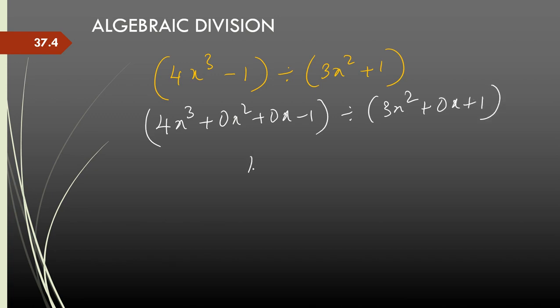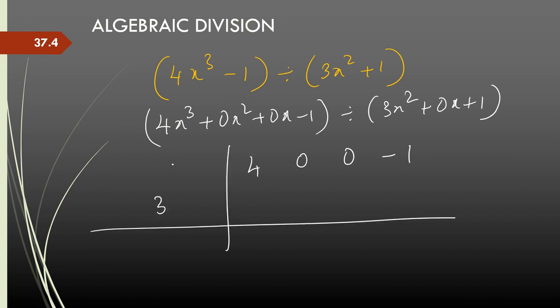Now I do the flag: 4, 0, 0, minus 1 divided by 3, 0 and 1. So 2 terms in the flag. 4 by 3, then minus 0 and minus 4 by 3.